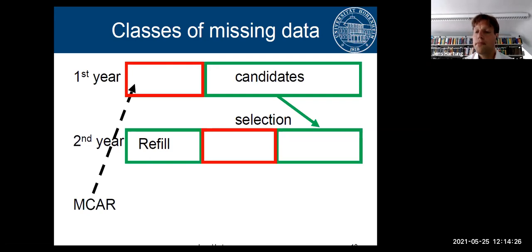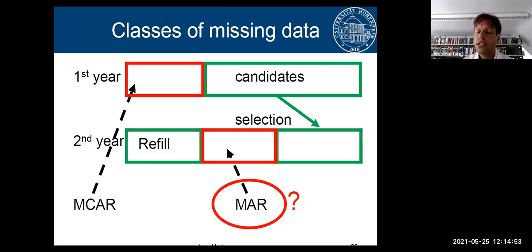So this is missing completely at random. While the genotypes tested in the first year are not tested in the second year because they are not as good as the candidates selected. So they were dropped out because of the observations of the first year. So this missing data pattern is missing at random.